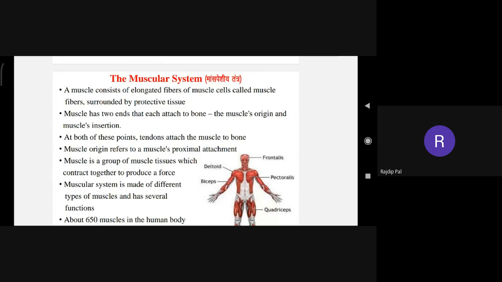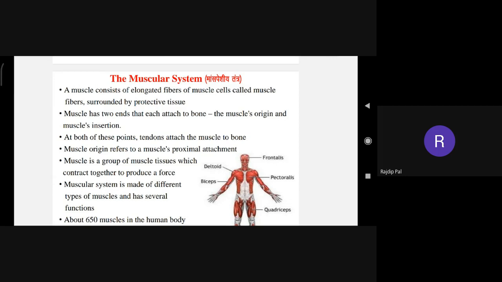And muscle is a group of muscle tissue which contract together to produce a force. Means muscle is a group of muscle tissue. When we study detail about muscle, we will see how this group is formed and how these are covered.